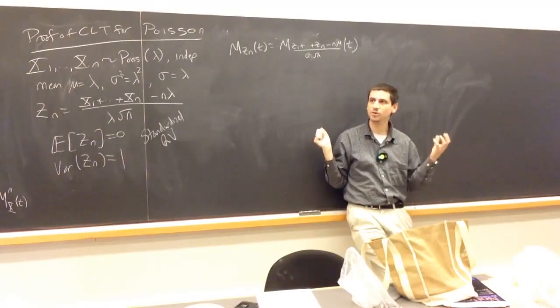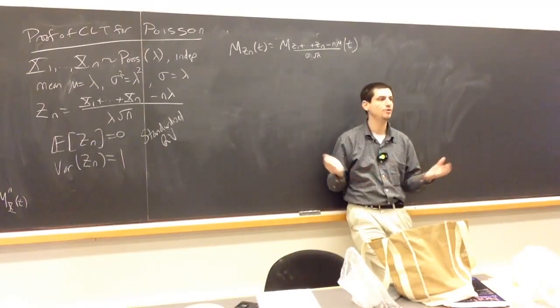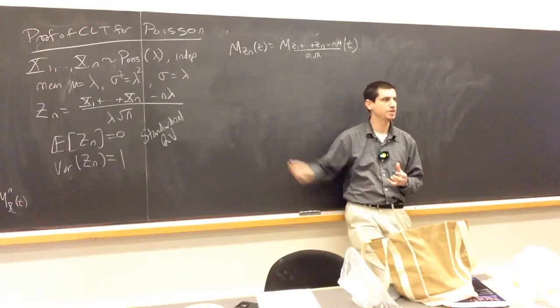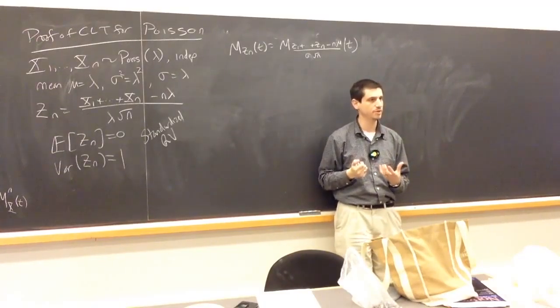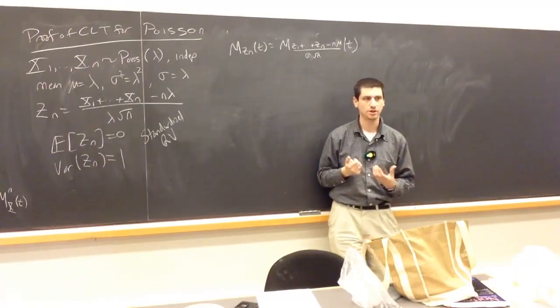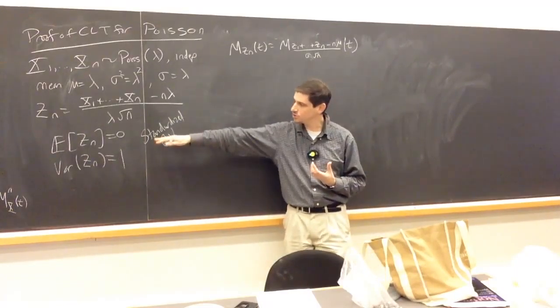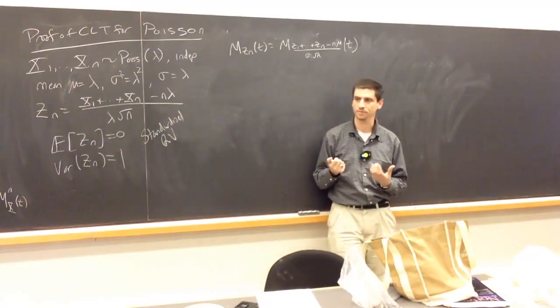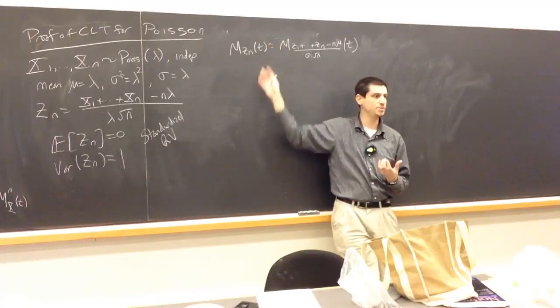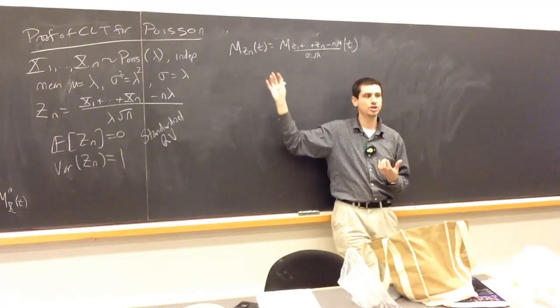But let's keep the calculation as general as possible for as long as possible, so that this will still hold if we weren't looking at Poisson, if we were looking at other random variables. Eventually, we will shift to Poisson because it's going to make things easier. Why is it going to be easier? We have a closed form expression for its moment generating function, which happens to be a nice expression. But this argument is going to be the same again and again and again, so let's just do things in general.